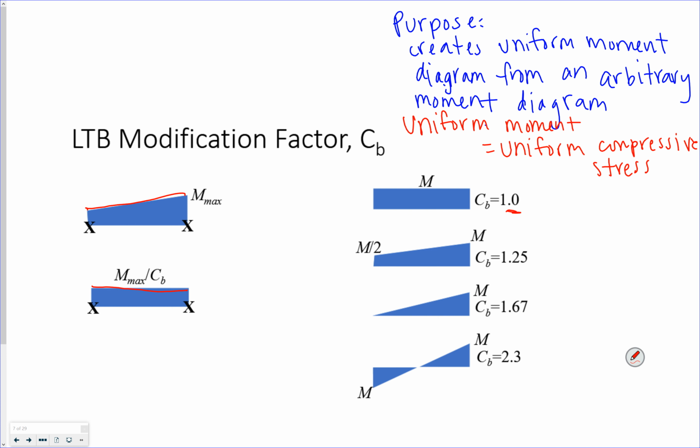And then these are just different examples: if I have half a moment on one side and a full moment on the other, I would divide my maximum moment, which would be M, by 1.25 to create a uniform moment along the length.